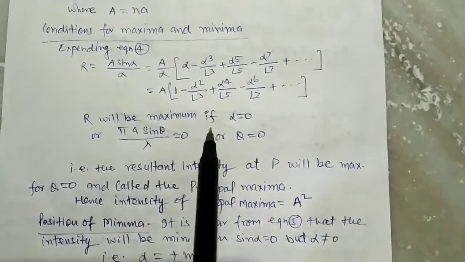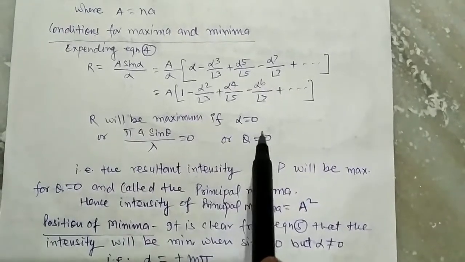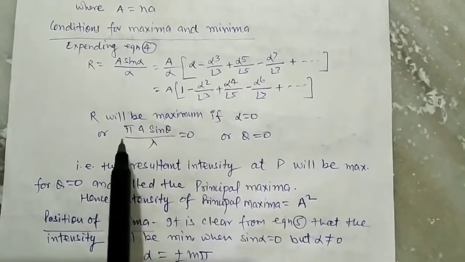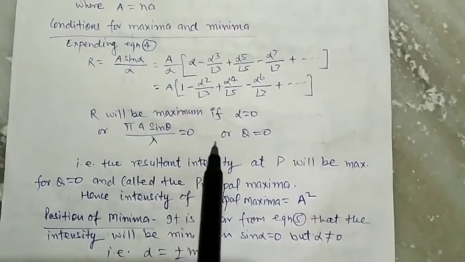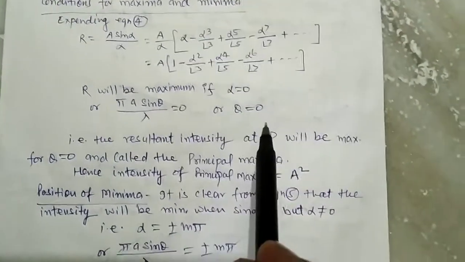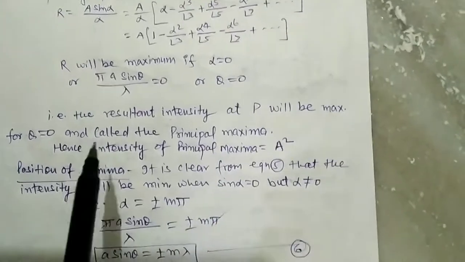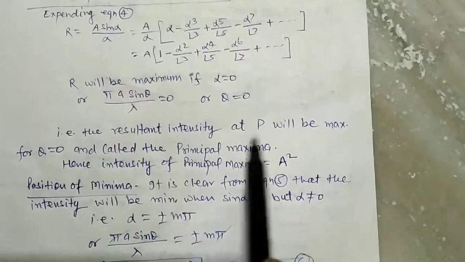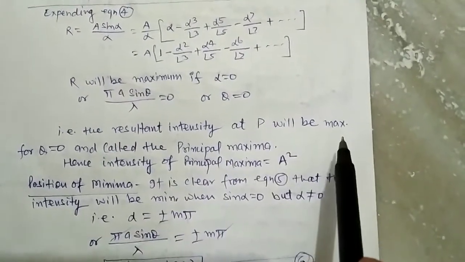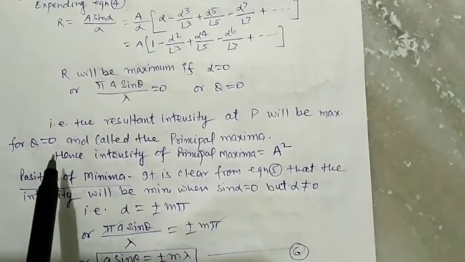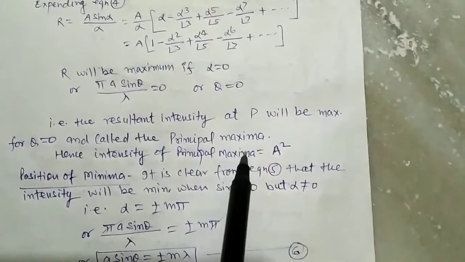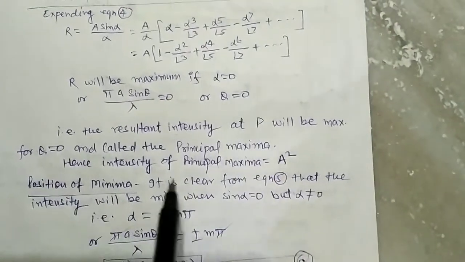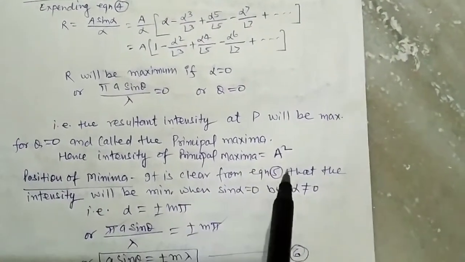R will be maximum if alpha is equal to 0. That is, pi a sin theta upon lambda is equal to 0, or theta is equal to 0. That is, the resultant intensity at point P will be maximum for theta is equal to 0 and called the principal maxima. Hence, intensity of principal maxima is equal to A square.